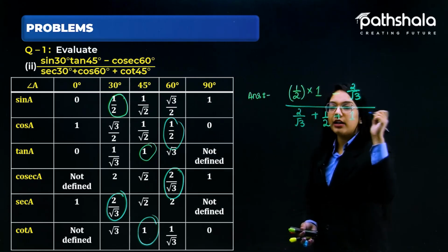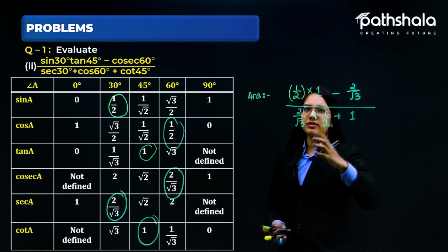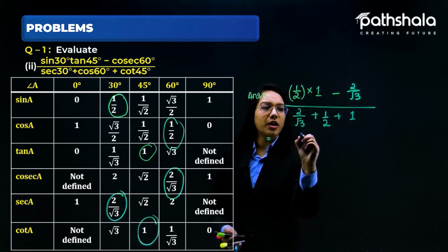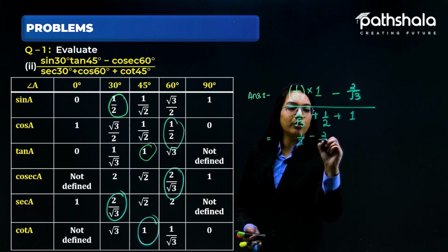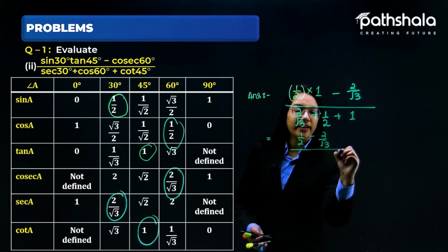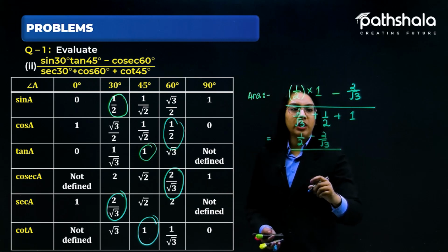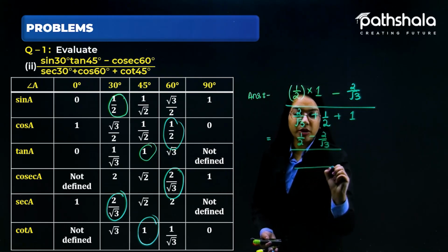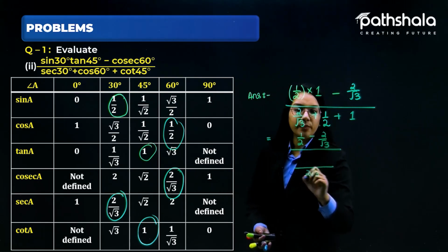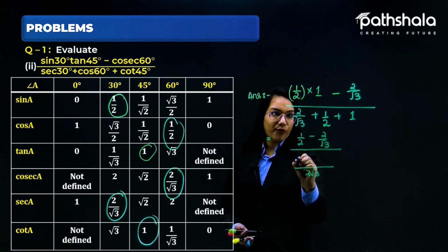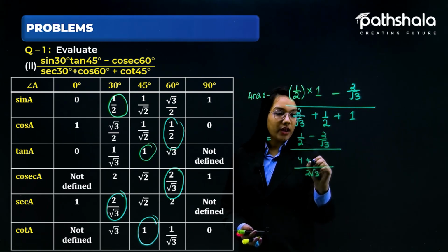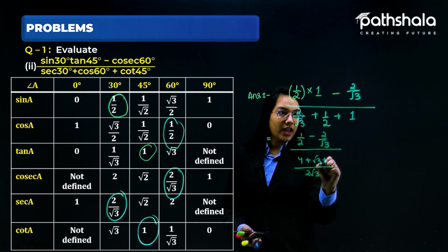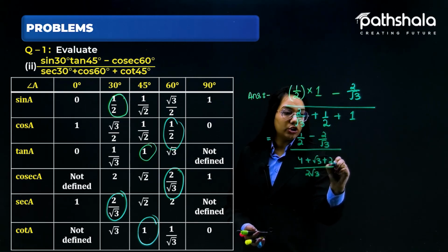So these are all the values related with the specific angles. Now let's sort it out. This is half minus 2 by root 3, whole divided by, taking the LCM in the denominator, 2 root 3. Further we have 2 into 2 is 4 plus 2 root 3.